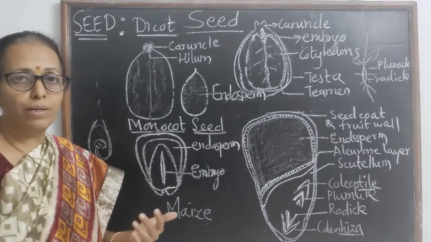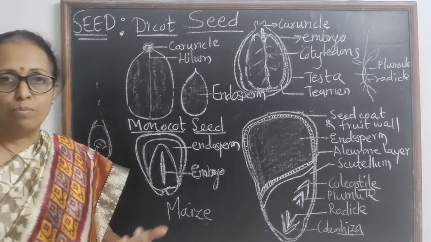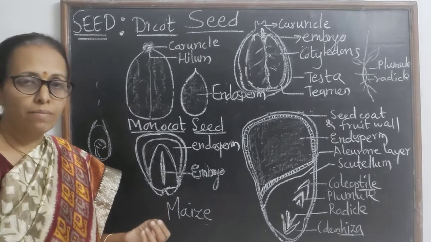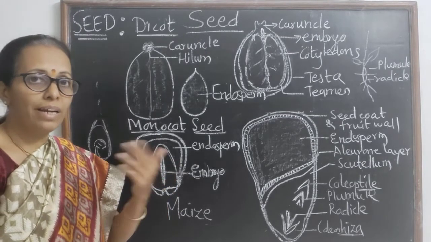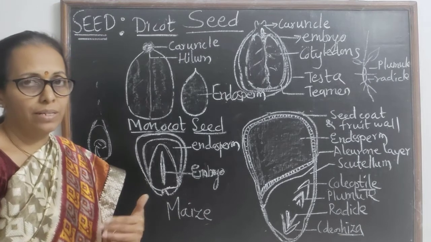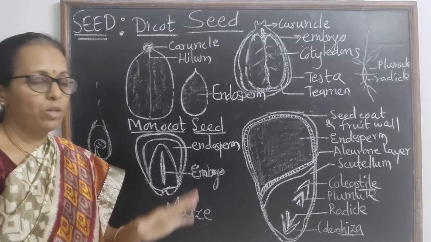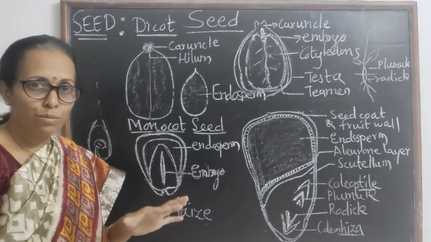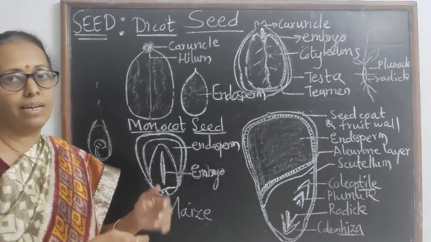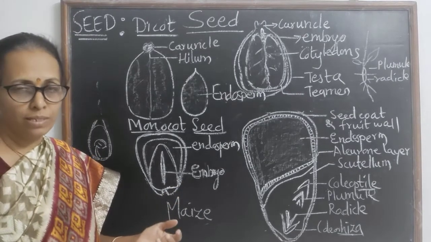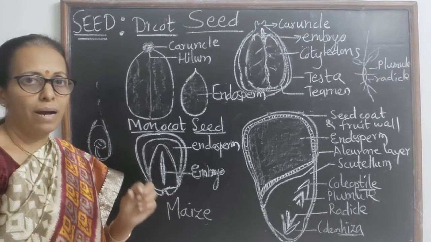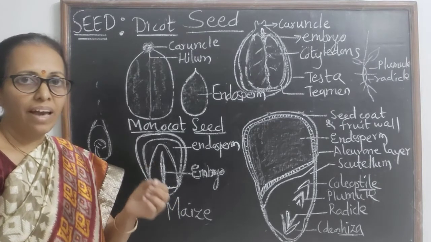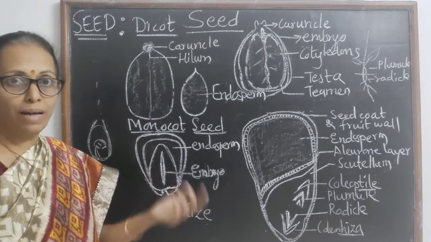That may be a tuber, that is a root tuber or stem tuber, or even a piece of a leaf or shoot, from which we are going to generate a new plant. That is, in the case of sugarcane, we use those shoots for plantation purposes. Even in the case of potato tubers, we use the buds, that is, a small part of the tuber having the axillary bud, which we plant.